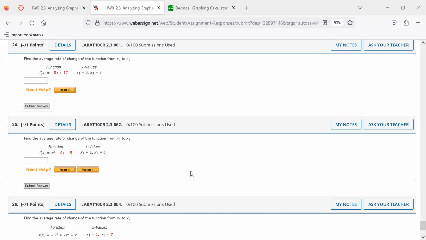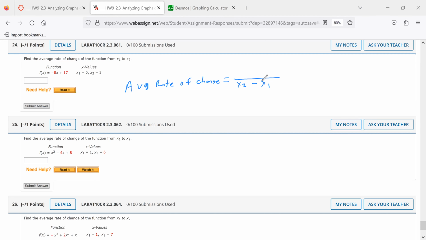So the average rate of change is equal to, from the bottom is still x2 minus x1.